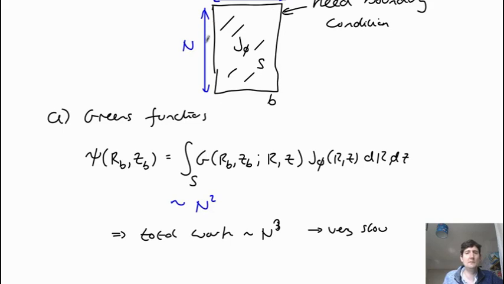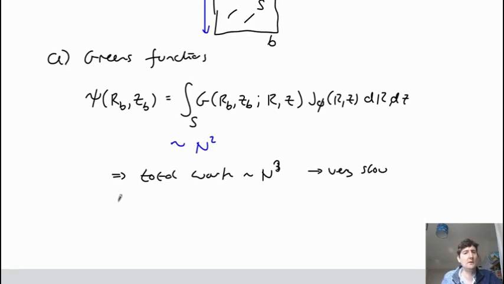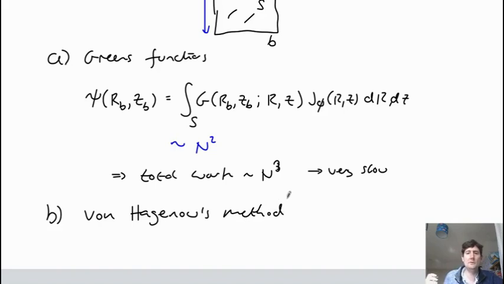Because the solver in here is order n or n log n, there are some quite fast solvers for doing this part. This boundary calculation can become the most expensive, or the slowest, part of the calculation. And there is a quicker way, von Hagenow's method, and the idea is that you solve 2 equations.